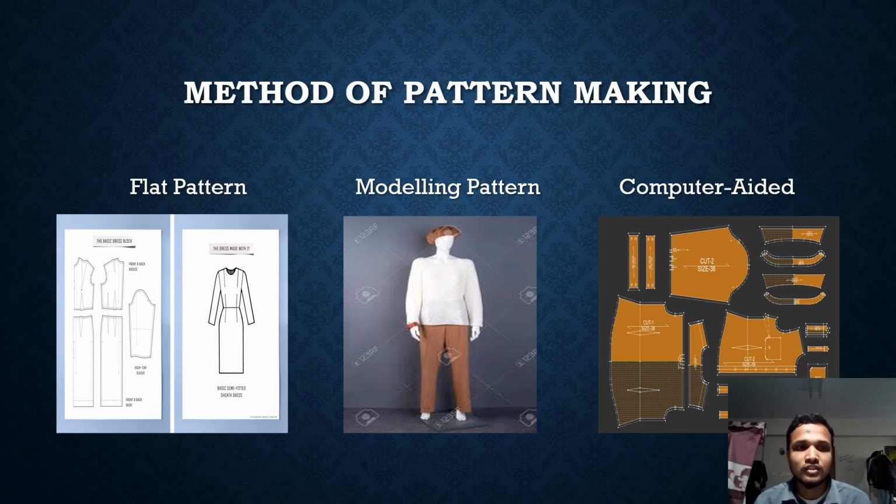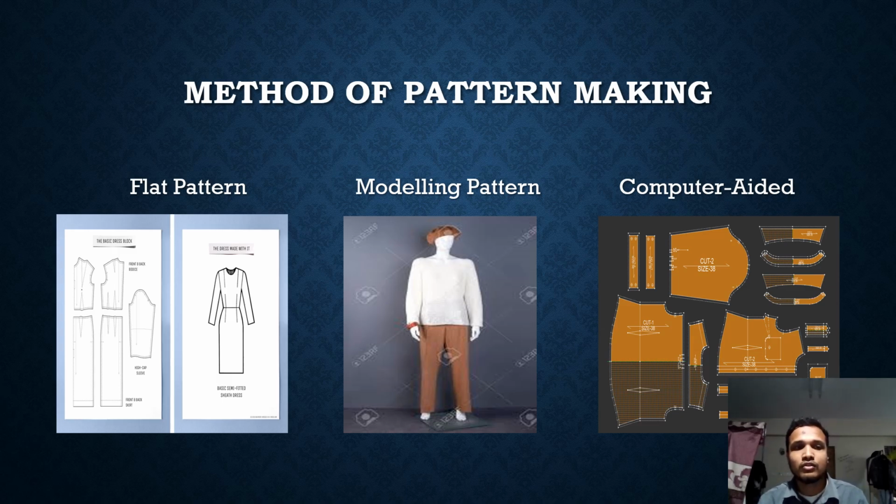Flat method: in this method the pattern of different parts of garments are made by technological drawing, by manual or computerized system. And modeling pattern: it is a very old and widely used method.